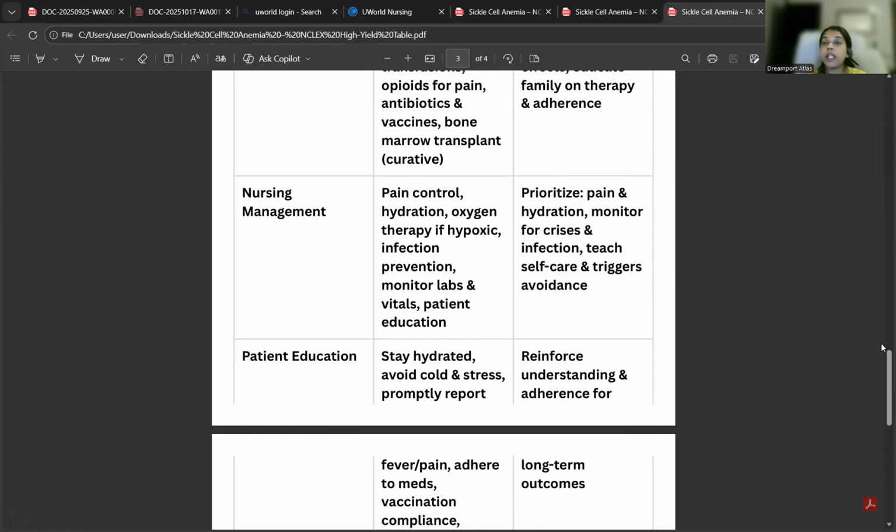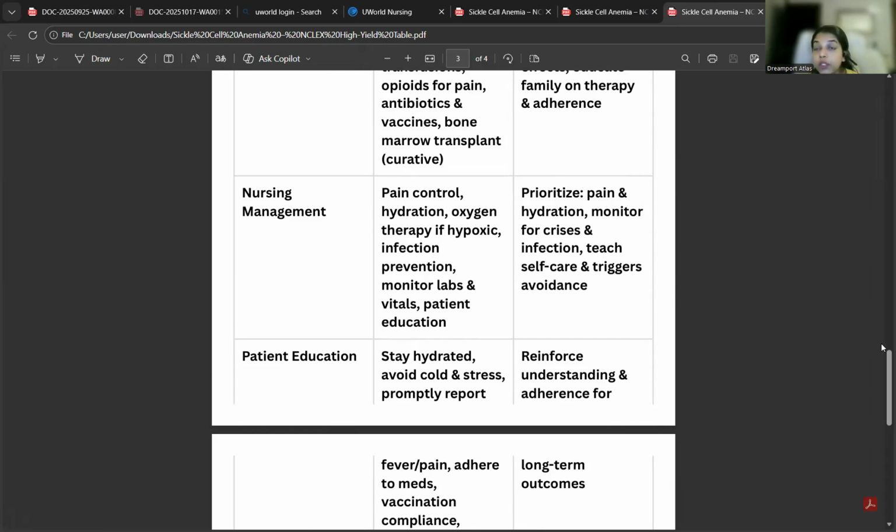If the client's oxygen saturation is lower than normal, we know that the normal oxygen saturation level is 95 to 100%. If the oxygen saturation is less than 95%, we need to administer oxygen to the patient, monitor the lab values and vital signs, and also give health education to the patient.